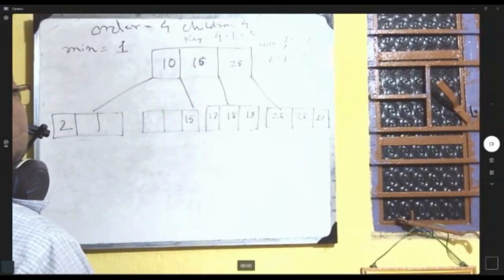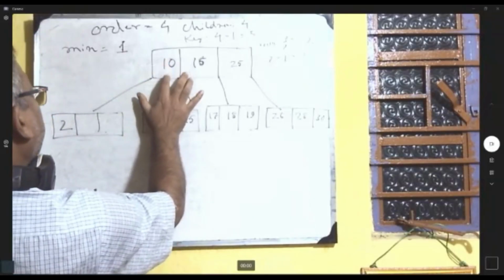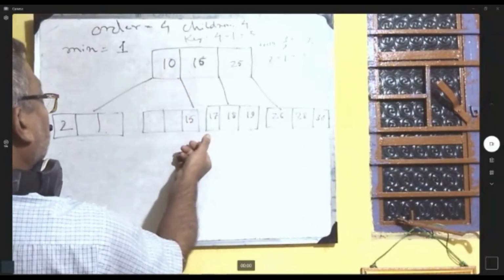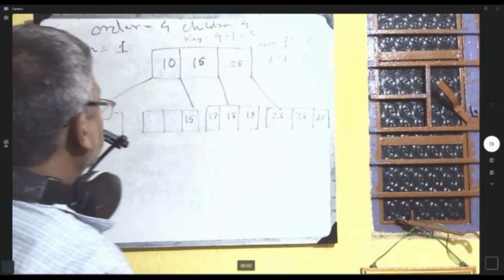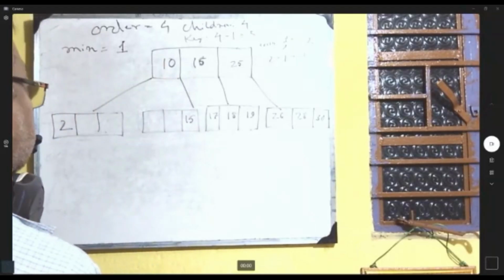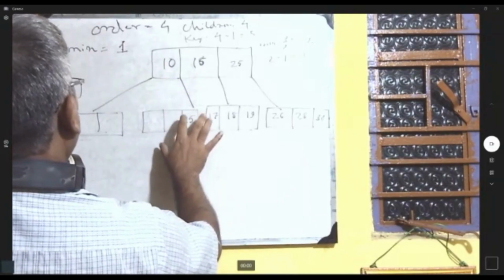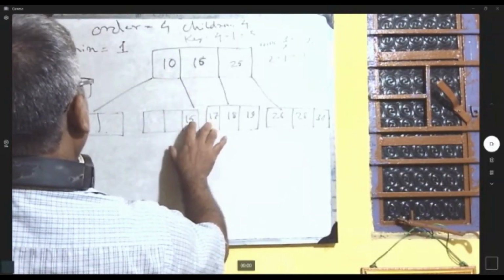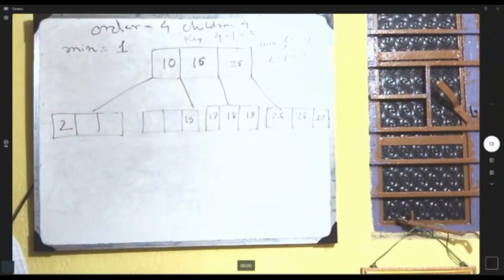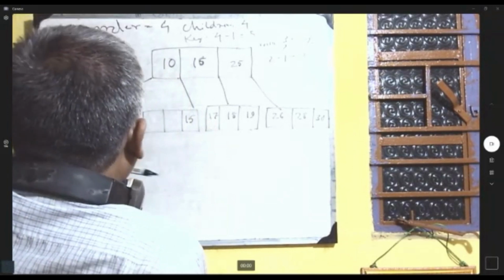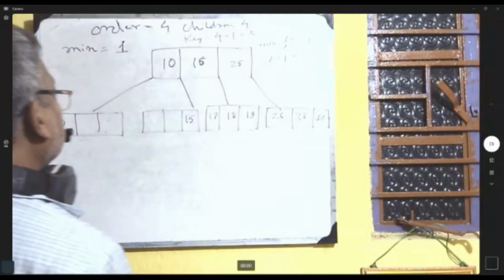Where is this replacement possible? The node will borrow from the rightmost node, but the rightmost node has no such extra key. It also has the minimum key. So it is not possible to borrow from the right child. In this condition, merging is the only solution.